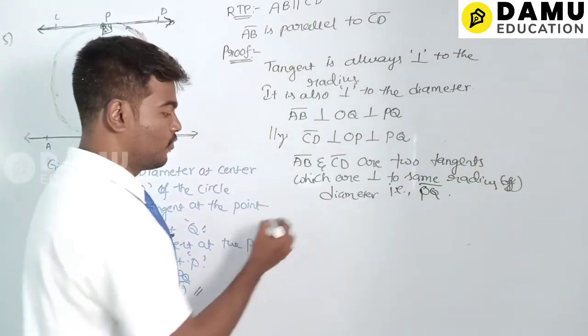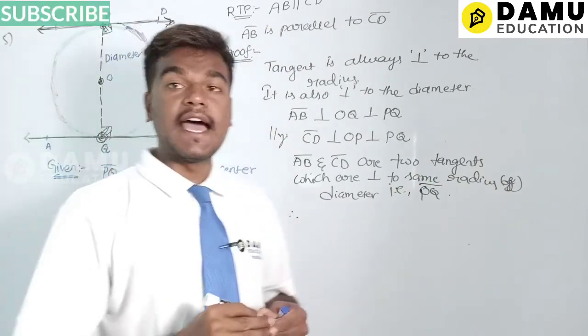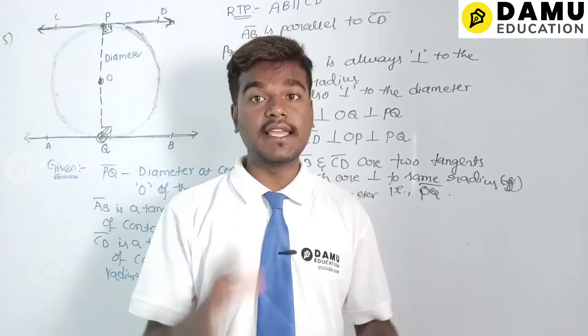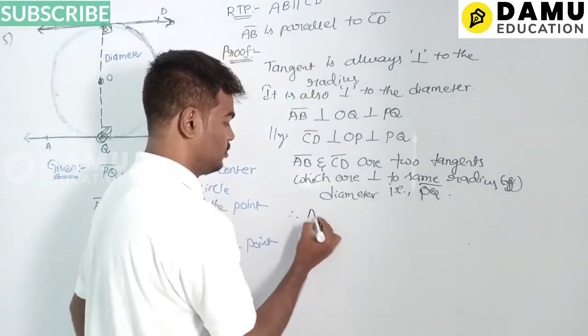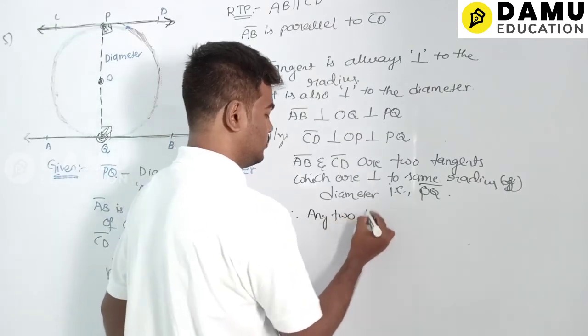Therefore, if any two lines are perpendicular to the same line, we can say that the two lines are parallel.